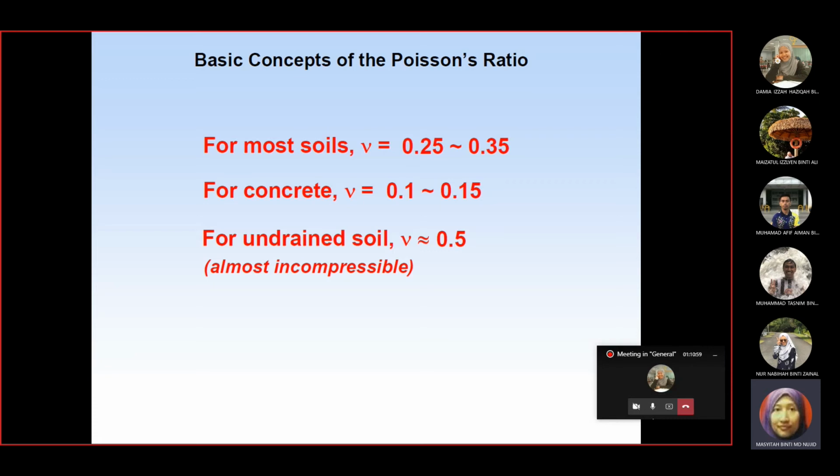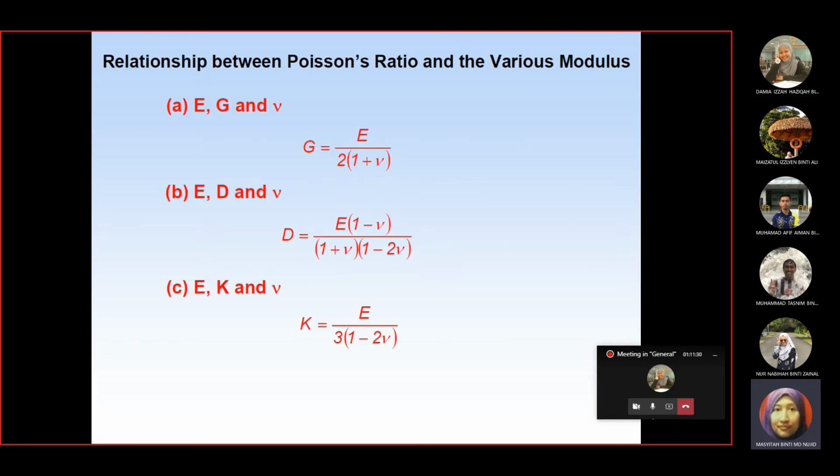If you look at clay, they will use Poisson ratio 0.45 to 0.5 because, as I said, Poisson ratio relates to strain. Meaning when you compare clay soil with sand soil, clay soil is subjected to large deformations. So when you have large deformations, large strain, of course they give you a large Poisson ratio. For undrained soil, as I said, it is almost incompressible with a 0.5 value.